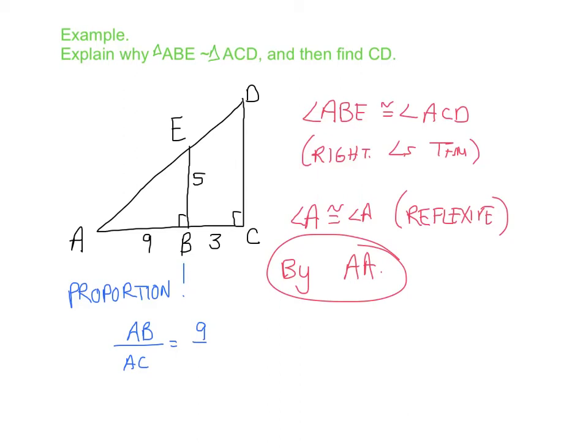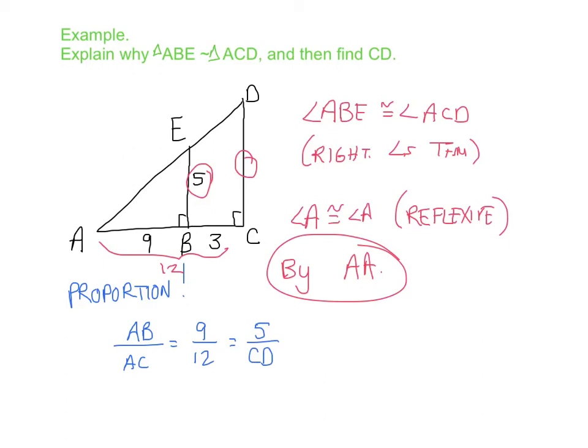It's 9 over, now don't say 3, because AC in its entirety is not 3, AC is 12. That's 9 plus 3. So 9 over 12 will be equal to, again we're setting up a proportion, well, we did the little triangle on top, so we're looking for DC. So we're looking for this length, the right-hand side of that triangle, so we need to look on the right-hand side of the smaller triangle, which is 5. So we can say that 9/12 is equal to 5 over the length of CD.